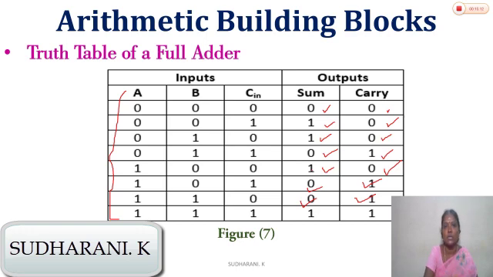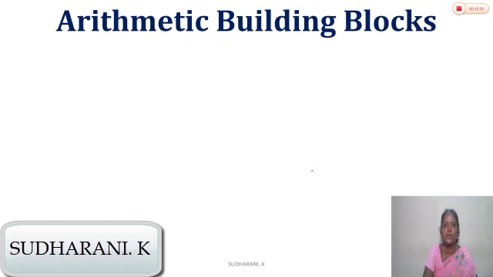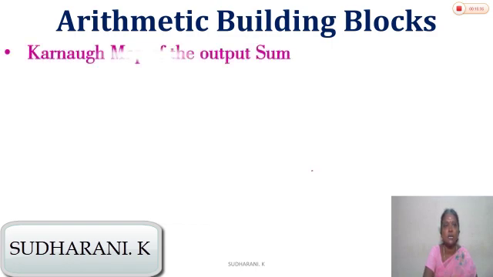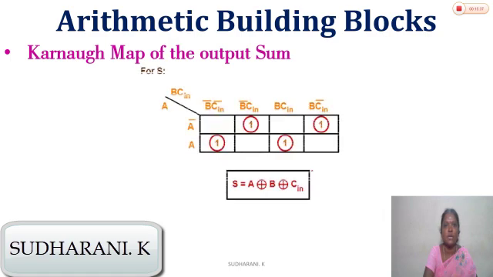So this is the truth table of a full adder, and we have to frame the logical expression for sum and carry. Then let's simplify the expression so that we'll be getting the optimized logical circuit. So let's see the Karnaugh map of the sum output.